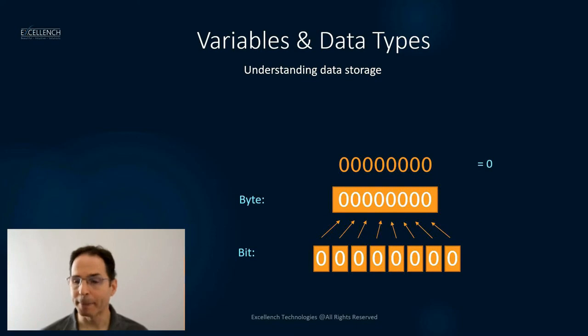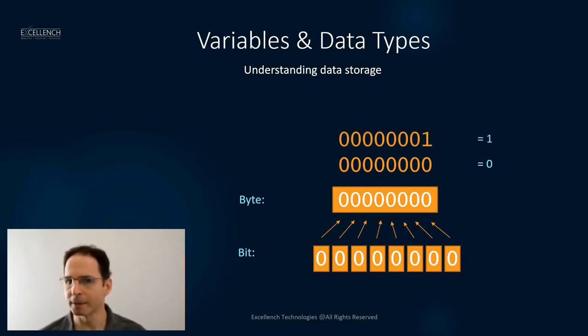If we take 1 byte with all 8 bits turned off, we define that to represent the number 0. If we turn only 1 bit on, the rightmost bit, we define that to represent the number 1.